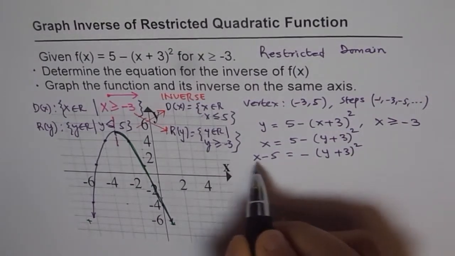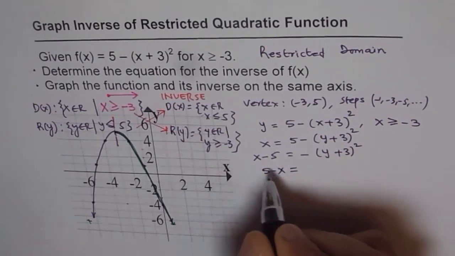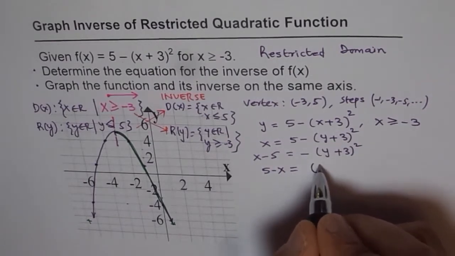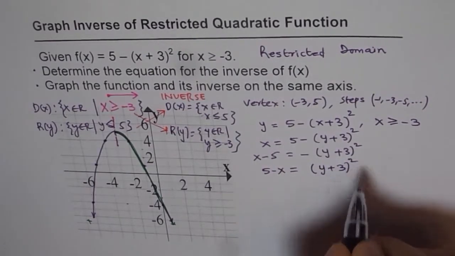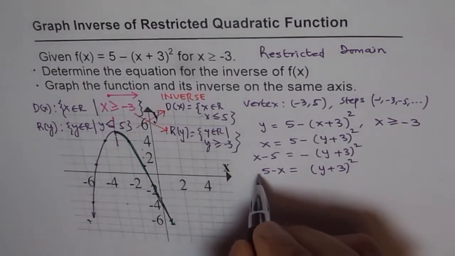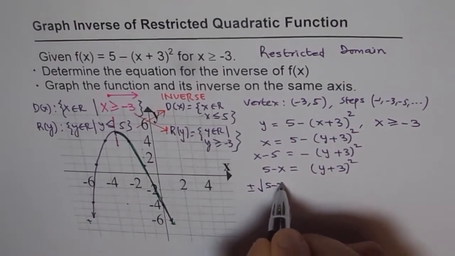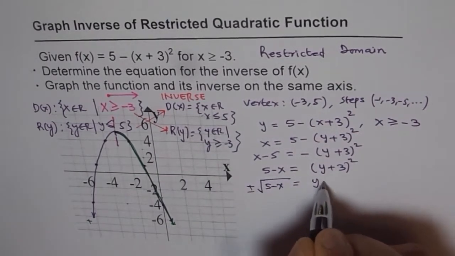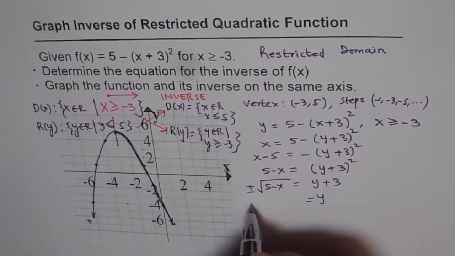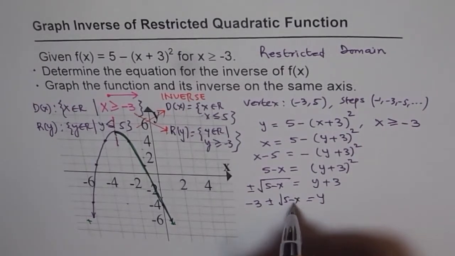Now we'll multiply by minus, so it becomes 5 minus x, or you could have written minus of (x minus 5), but 5 minus x equals (y plus 3) whole squared. Now we'll do the square root. When you do the square root, you have to take plus and minus. So plus or minus the square root of 5 minus x is equal to y plus 3. And now from here we can write y equals, taking 3 to this side, minus 3 plus or minus the square root of 5 minus x.